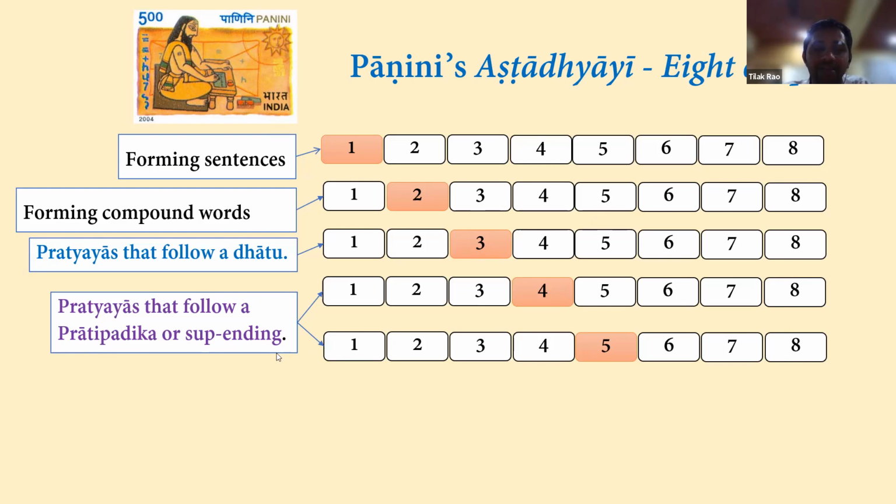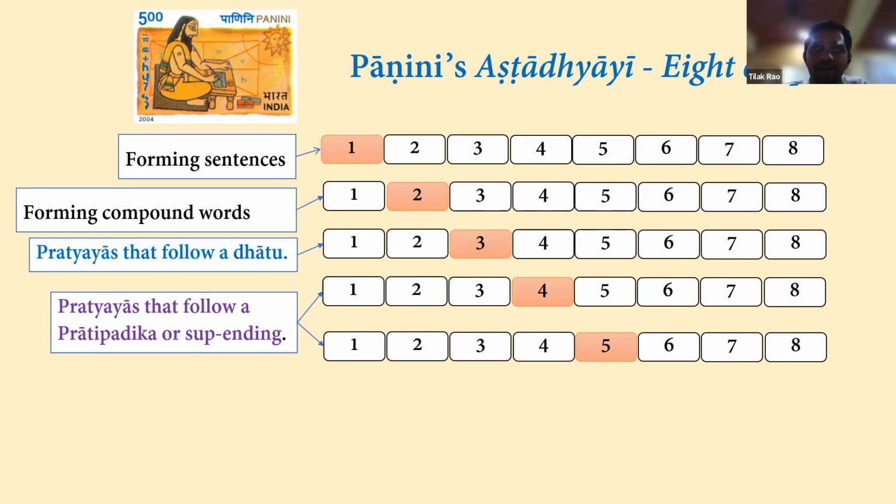By adding a pratyaya, for example krit pratyaya, we get pratipadikas, or dictionary forms, dictionary entries. To a pratipadika, sup pratyayas are added. Balaka becomes balakam or balakaha, so this am or aha is added to balaka.